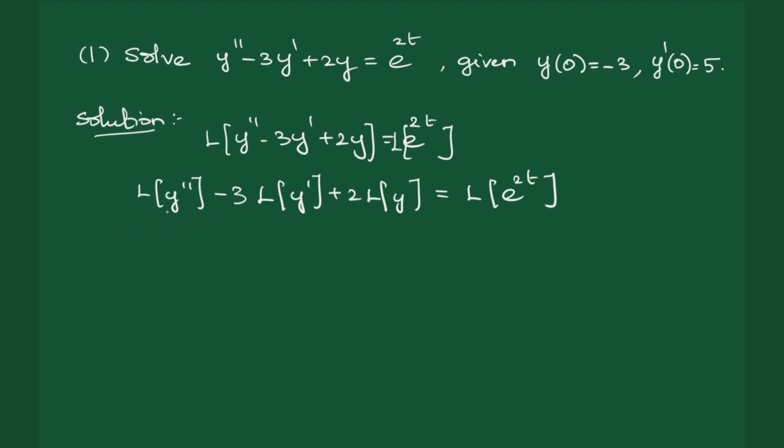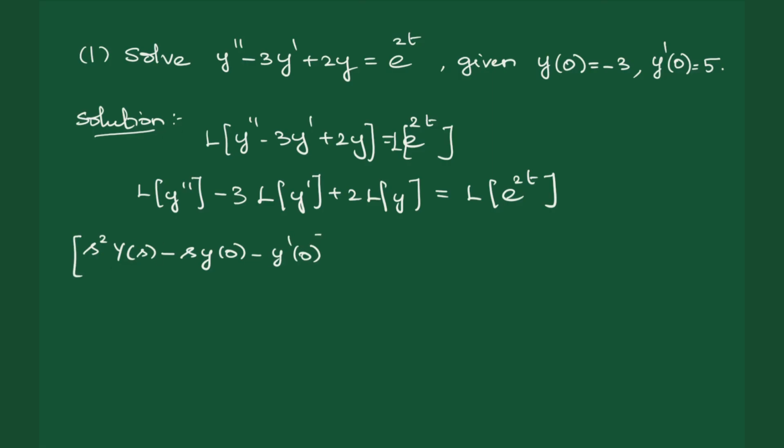So now already we know the formula for L of y double dash as well as L of y dash. So we can use the formula here. L of y double dash is s square into capital Y of s minus s into y of 0 minus y dash of 0.